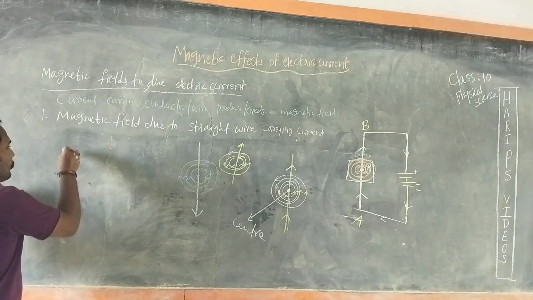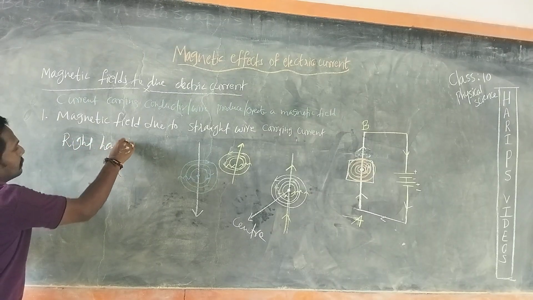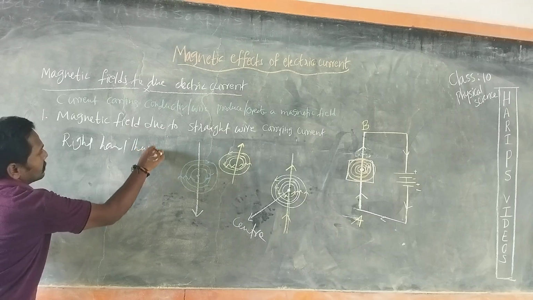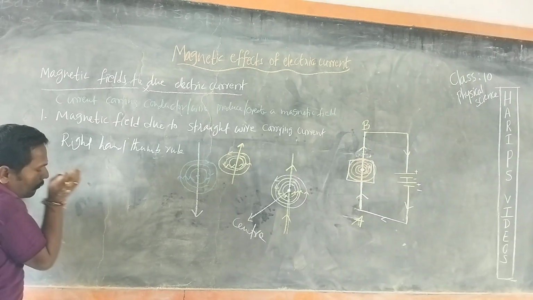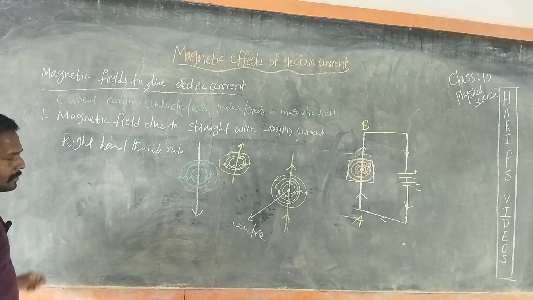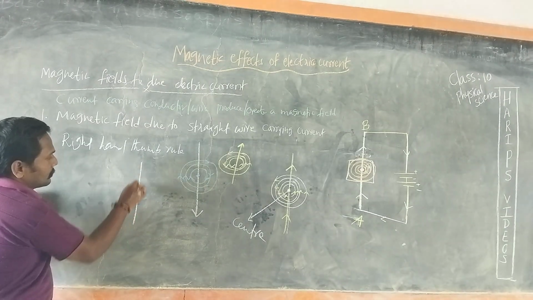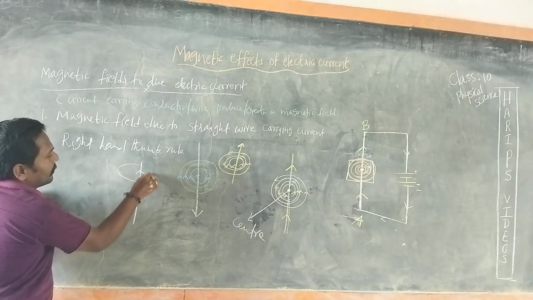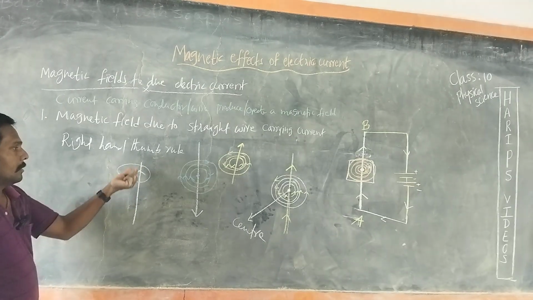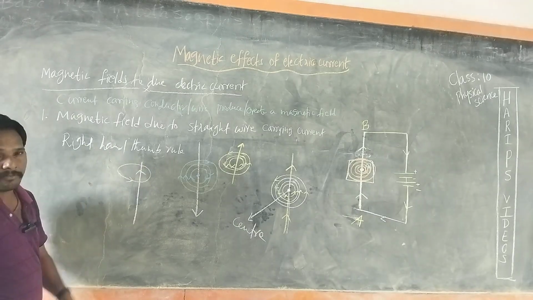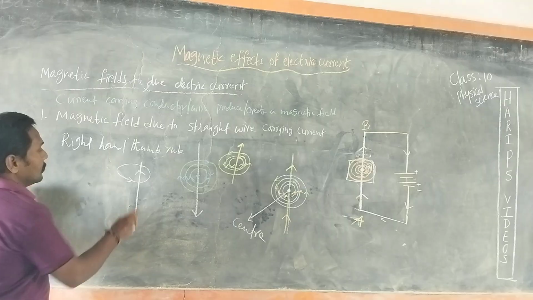So in case of the right hand thumb rule, the right thumb denotes the direction of current and the fingers denote the direction of magnetic field, or in which direction the magnetic field is formed.